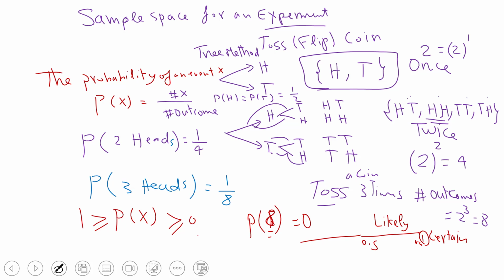If it is less than 0.5 down to 0, you call it unlikely, say 0.0001, but if it is 0, you call it impossible. Probability is never negative, it shouldn't be less than 0. That would be wrong.